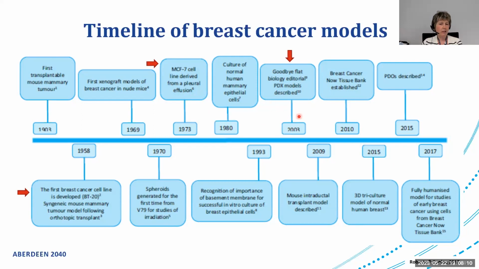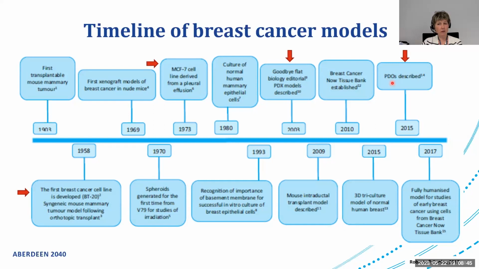In 2003, there was a seminal publication, which I'll describe in a little bit more detail in a moment, an editorial published in Nature. And also at that time, the development of patient-derived xenograft models was described. In 2015, so about 7 years ago now, so-called patient-derived organoids were described, and these are a step up from the patient-derived xenografts, which use animals.